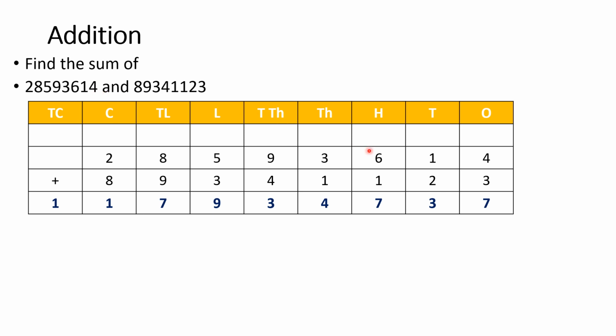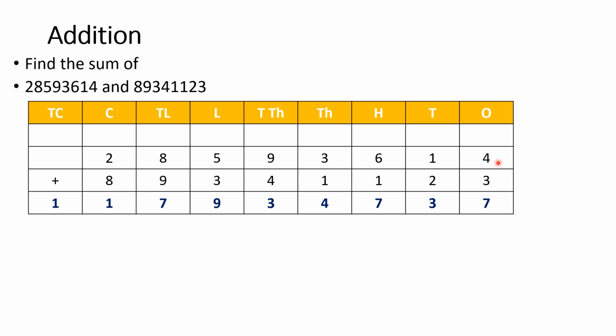Like 4 at ones place, then 1 at tens place, 6 at hundreds place, 3 at thousands place, 9 at 10,000s place, 5 at lakh place, 8 at 10 lakh place and 2 at crore place. In a similar way we will write this number also.